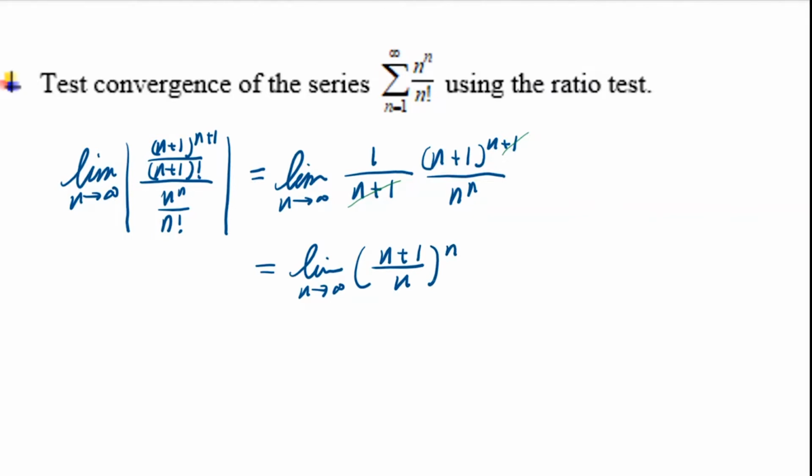Are we good? Do you remember this from chapter 8? This, as n approaches infinity, what is this, right? E. Okay.